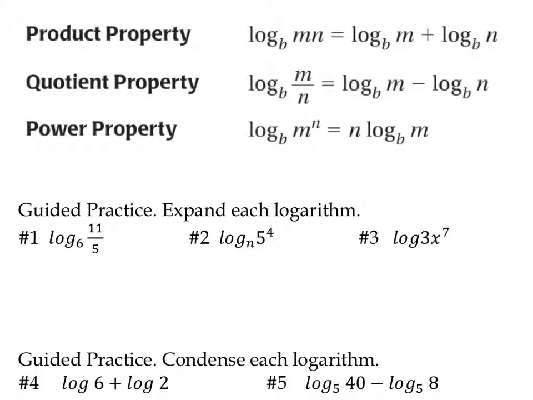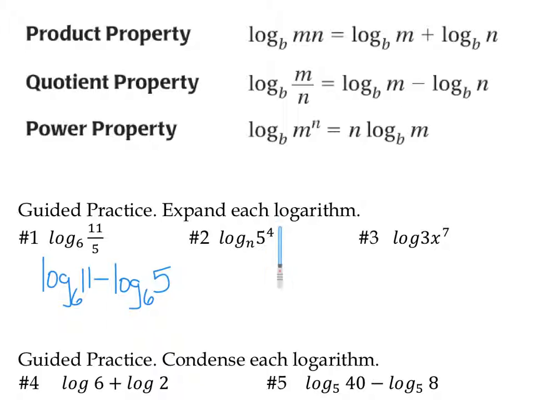So we could rewrite this as log base 6, we'd keep base the same, of 11 minus log base 6 of 5. And we kept the base the same. Note that up here, this base b is the same when we rewrite it. It doesn't matter what the base is, we just keep it the same when we expand. Again, this is expanding the logarithm. We're taking this logarithm and writing it down, expanding it in a longer form.